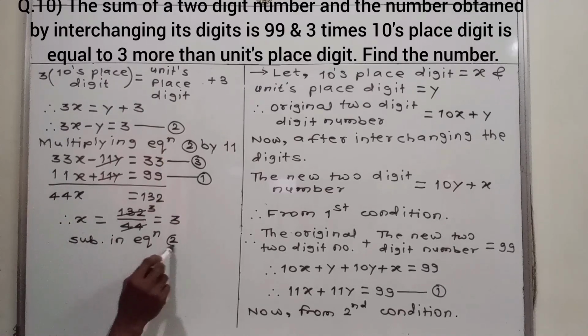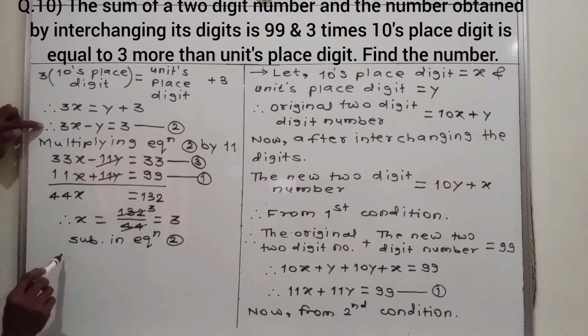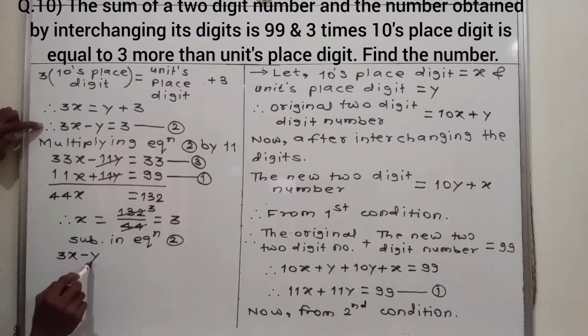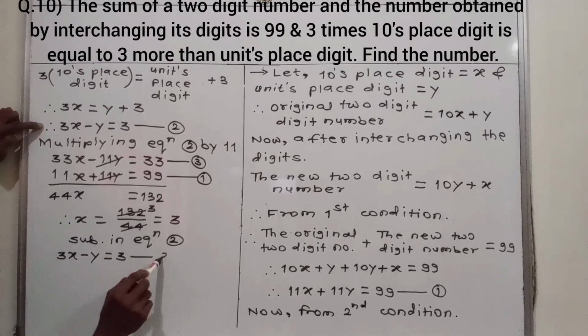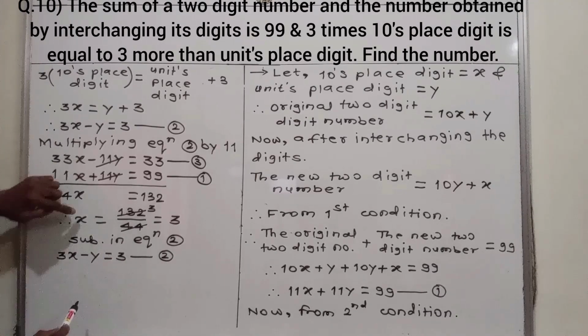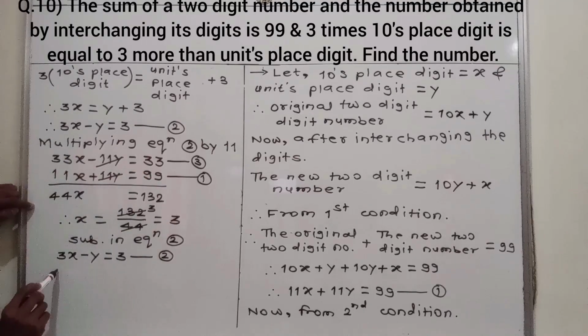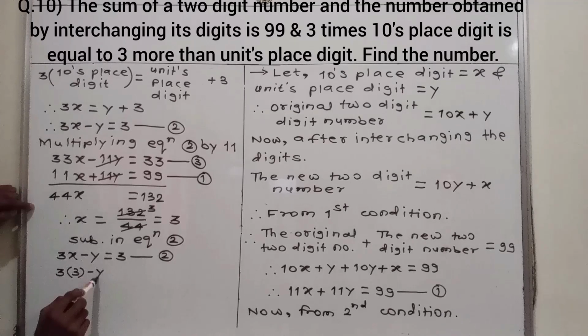That is very simple. In equation 2, then see this. 3x minus y is equal to 3. This is equation number 2. We put the value of x. 3 into 3 minus y is equal to 3. Therefore, this 3 into 3, 9.